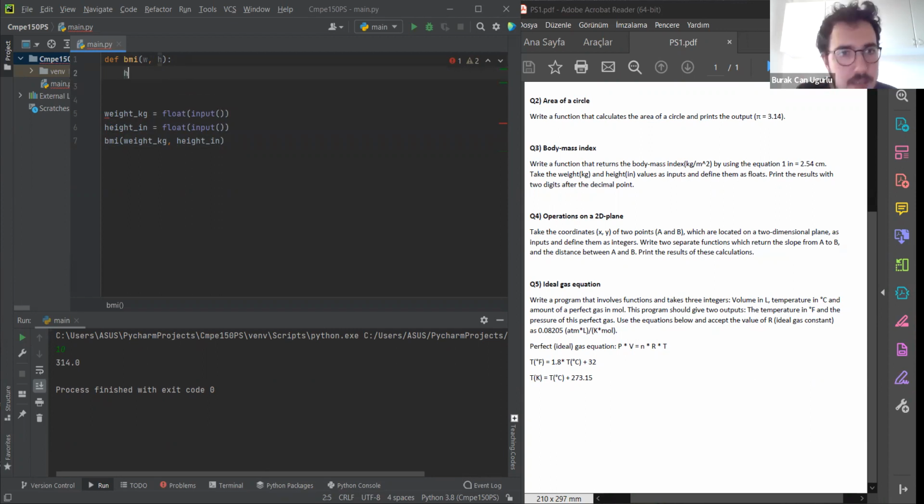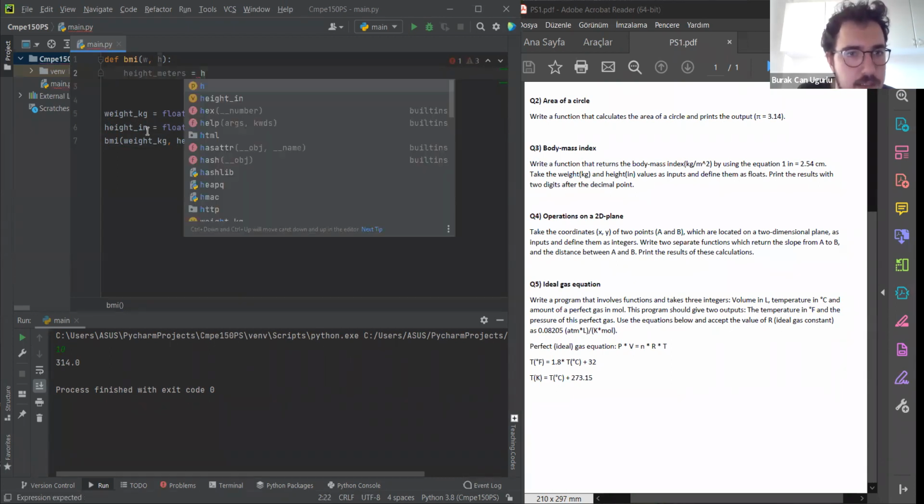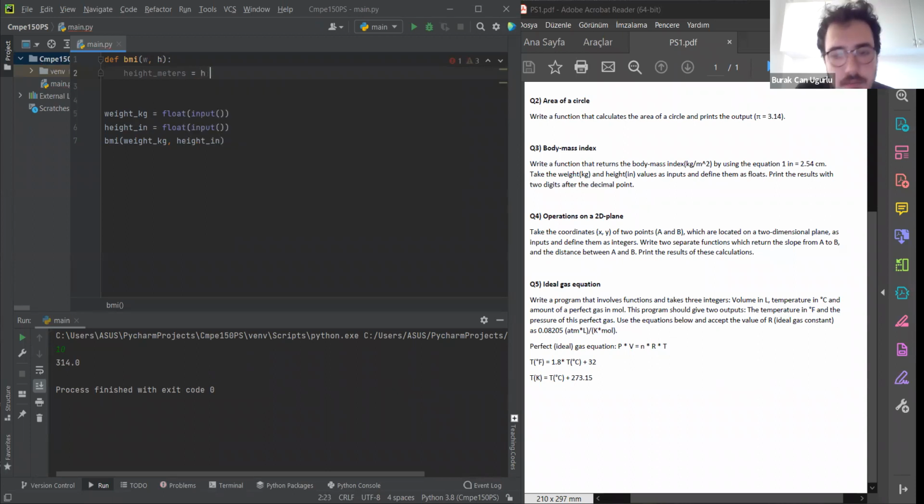So we can assign a variable named height meters, and this takes the height in inches as h, and it is multiplied by 2.54 to reach the centimeter, and it should be divided by 100 to reach meters.